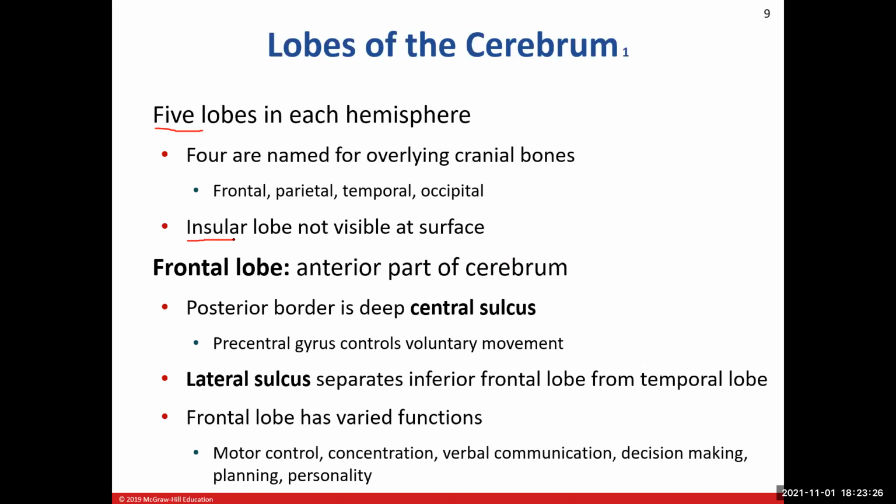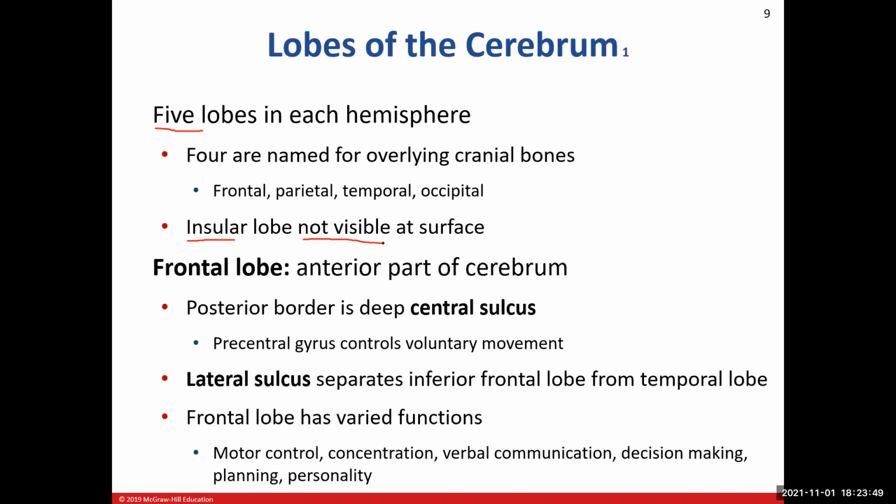So basically what you do is you pull the parietal lobe and the temporal lobe apart from one another, and you'll be able to peer in and see the insular lobe. And we'll show you a picture, but you cannot see it. And this is a great test question. It is not visible from the surface.